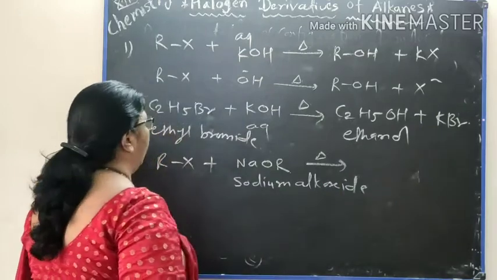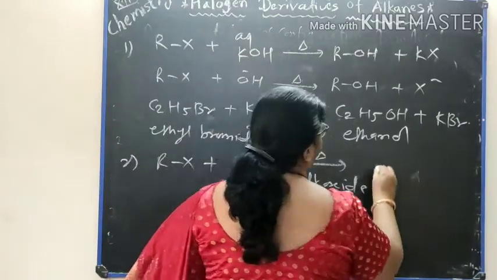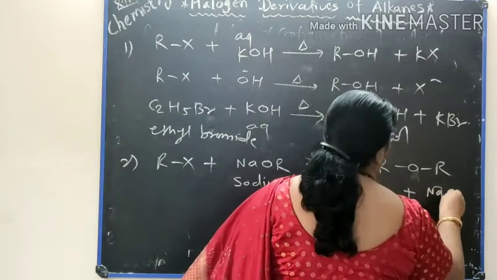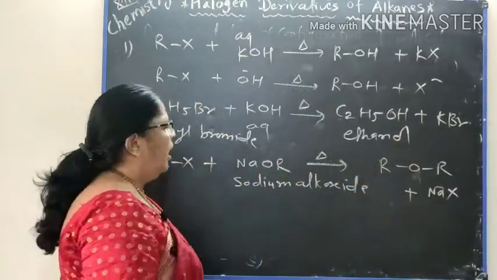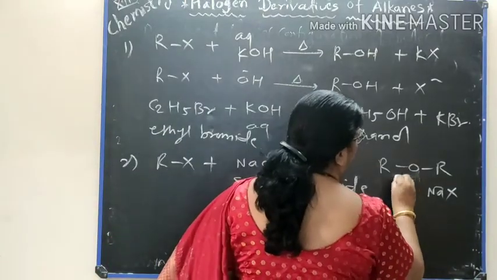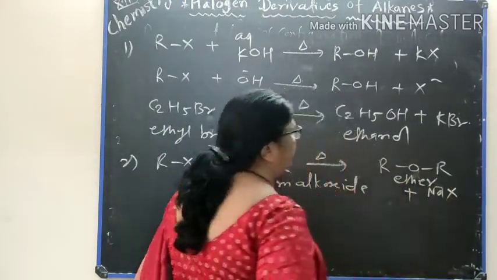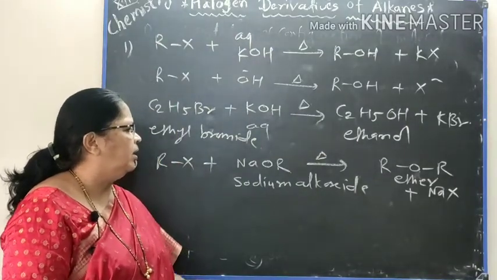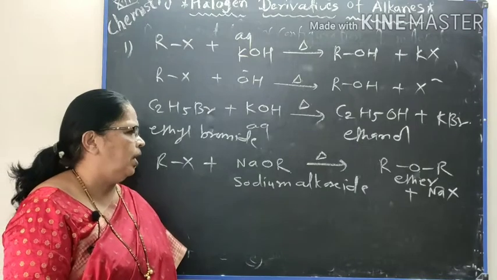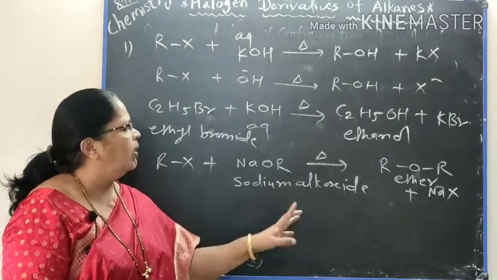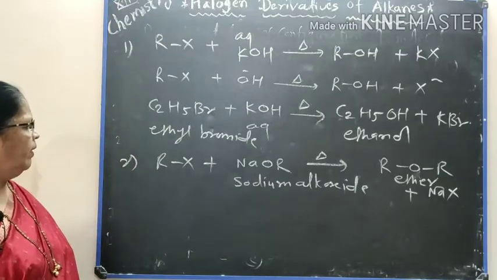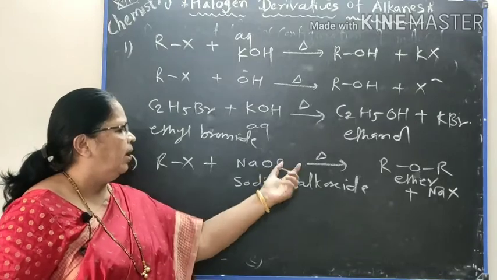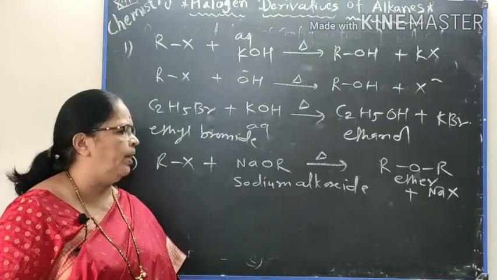Then after heating, it produces the ether ROR plus sodium halide. Here ROR is called ether. Ether has a general formula ROR', that is unsymmetrical ether, and ROR is a simple or symmetrical ether. Once again, when alkyl halide is treated with sodium alkoxide, after heating it gives the ether and sodium halide.